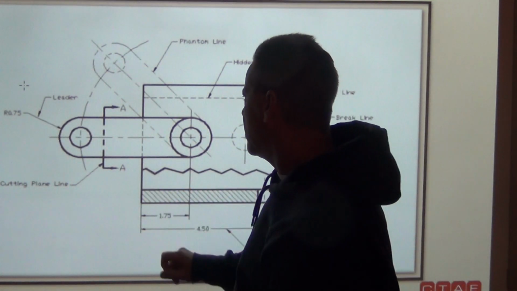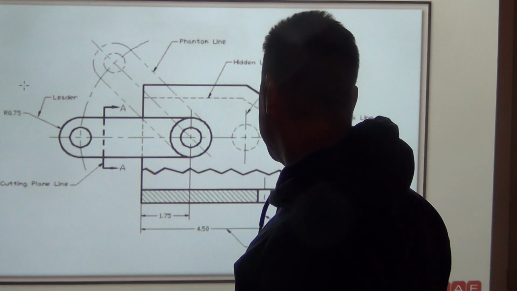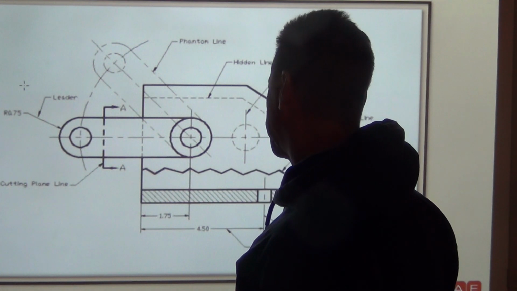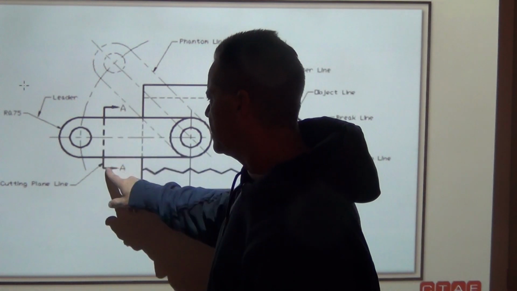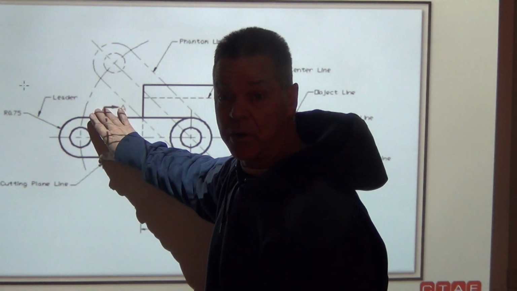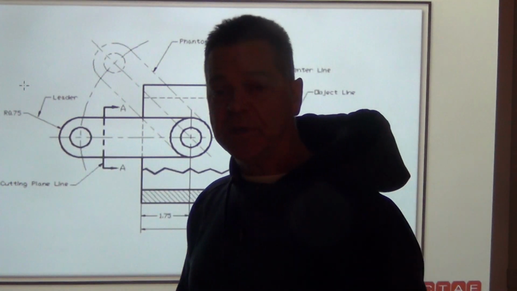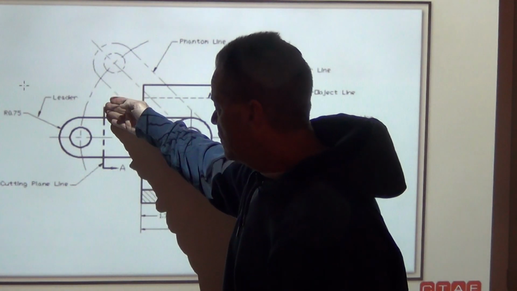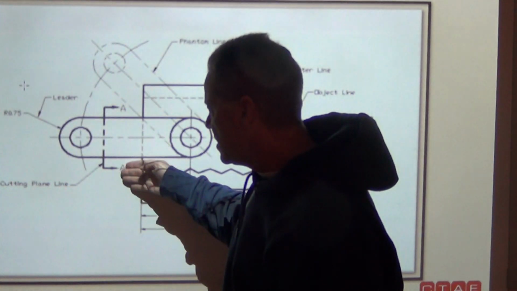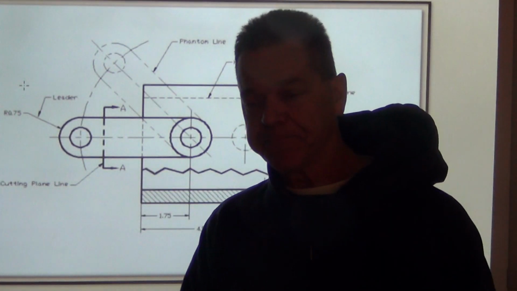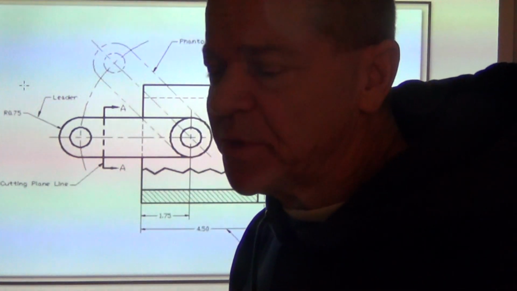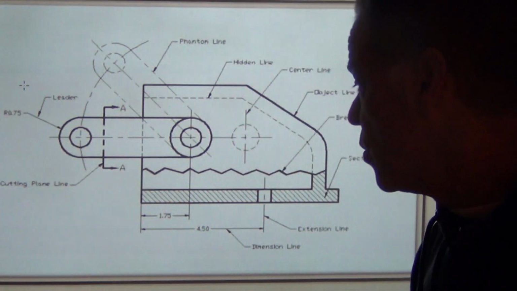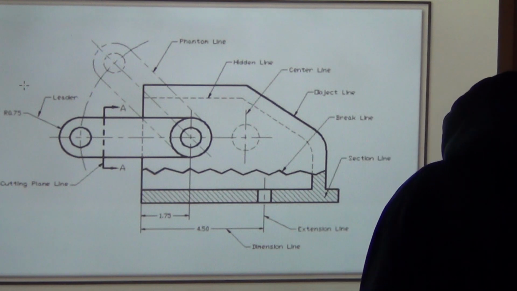Oh yeah, here's a cutting plane line. But I don't see the section view. When you do a cutting plane line like this, then somewhere there should be a view that shows you what you would see. When you slice it like this, what does it look like? Okay? Anyhow, so we'll have some experiences, some activities where we try out these different things.